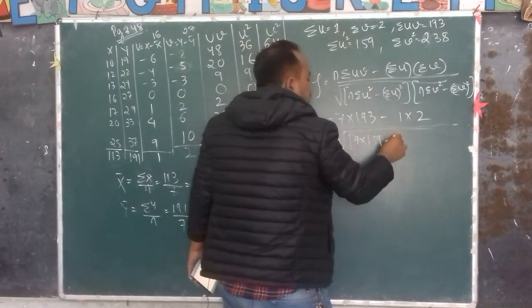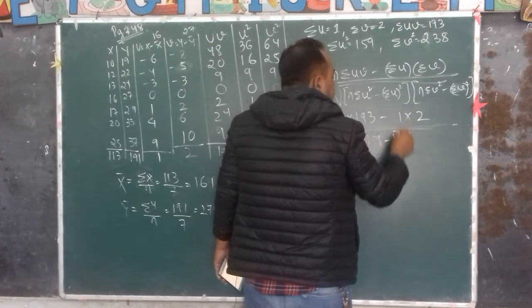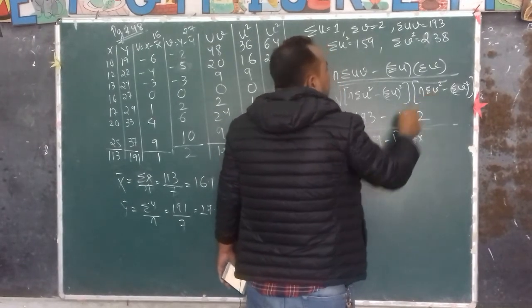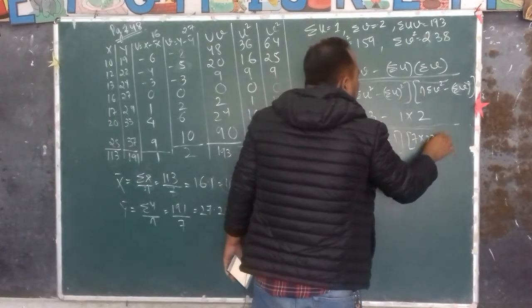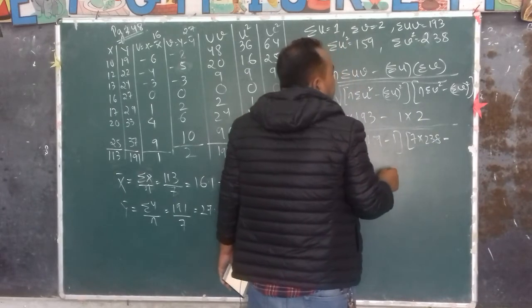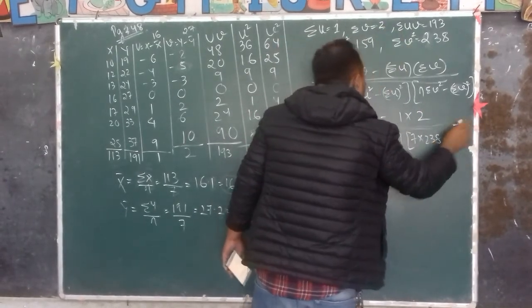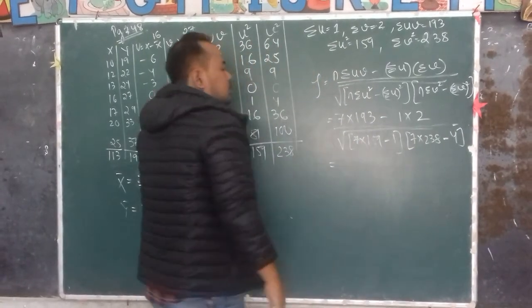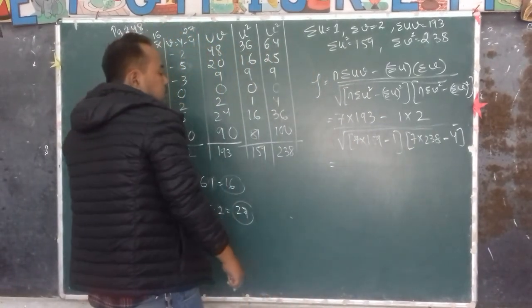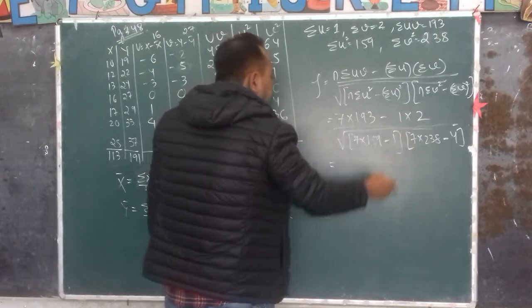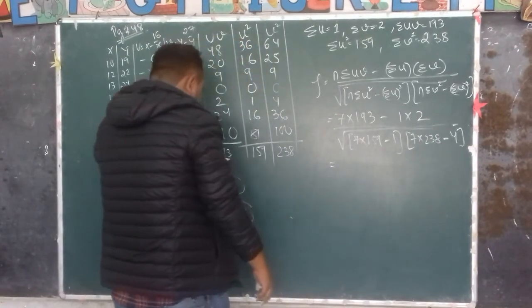What is u? 1 square is 1, into again n is what? 7 into v square is how much? 238 minus summation v whole square. Summation v whole square, 2 square will give you 4. So using this, you just use your calculator, subtract this and you will get the required value.